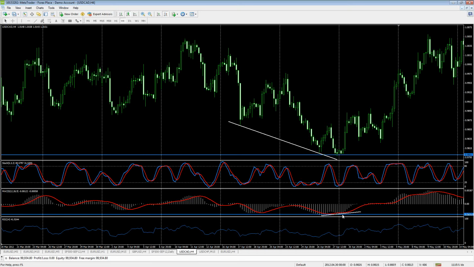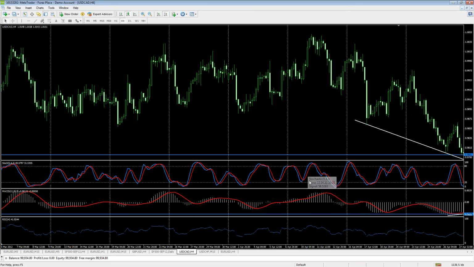It's almost the same height here. It doesn't go very high because the distance is pretty far. If the lows were closer, we could see a better divergence.